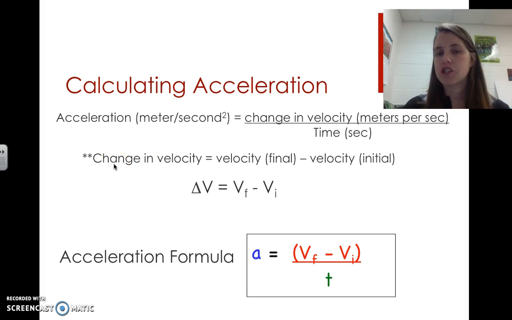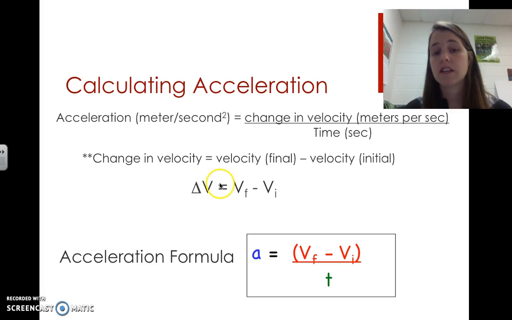How we calculate a change in velocity is we look at the final velocity, how fast was it going at the end, and how fast was it going at the beginning. So you calculate that by saying the final velocity, how fast it was going at the end, minus the initial velocity, how fast it was going at the beginning. And that gives us this. Change in velocity, this delta, this is a Greek letter delta, and that means change.